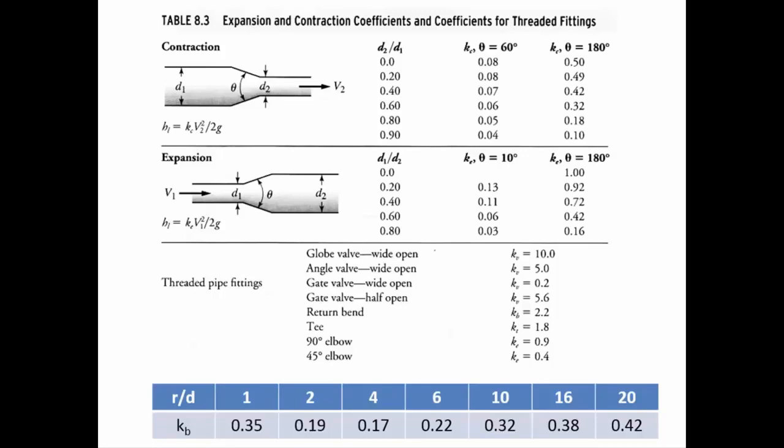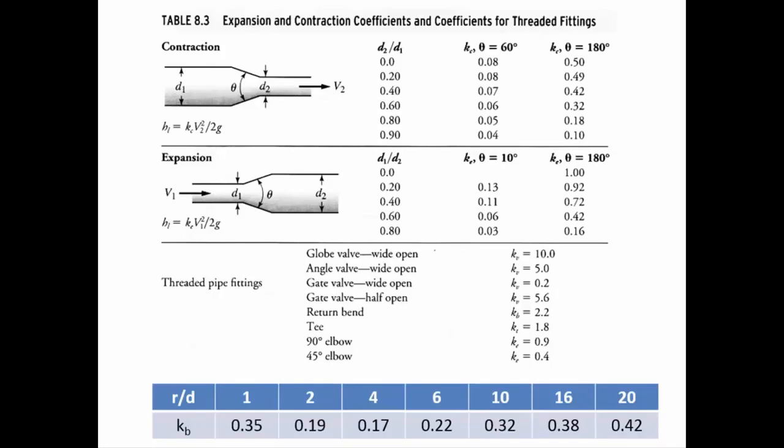And so by radius, what we're talking about is this distance out to here. That's the R that's described in this bottom table, and then the D is referring to the diameter of the pipe. So what you need to do when you've got a transition like this is consider how long the radius is relative to the diameter of the pipe.